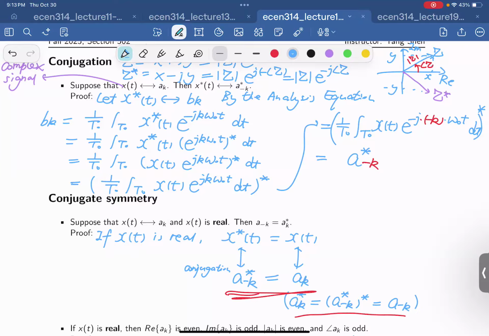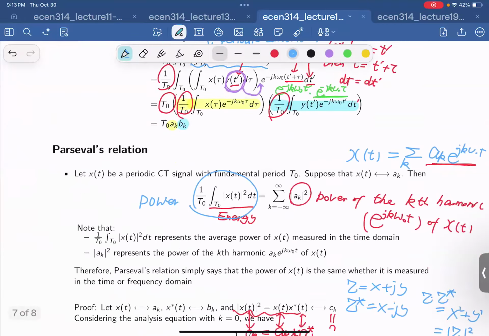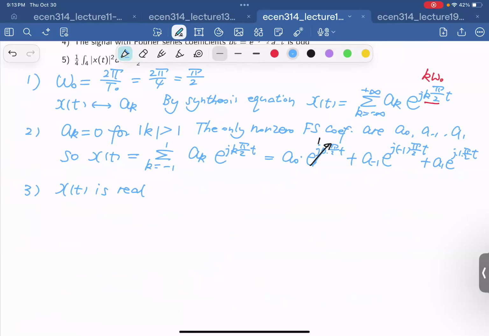Back then we were given this property and we found that x of t is real because you can merge the real part and the imaginary part. So in this case, the imaginary parts cancel, the real part doubles. You end up having just the real signal. But going the other way around, we can use this property that if x of t is real, we have the conjugate symmetry. Okay, so that means we have one less unknown variable. We only had a0, a sub minus 1, and a sub 1, right?